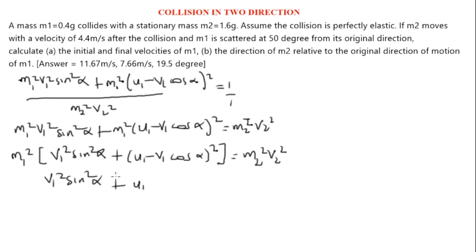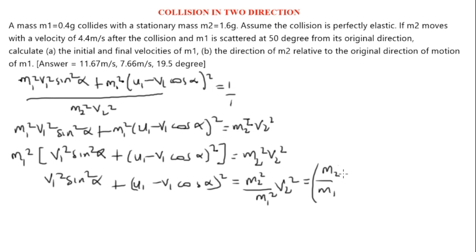So plus (u1 minus v1 cos alpha) squared, which is equal to m2 squared over m1 squared v2 squared. So I can rewrite it as (m2 over m1) all squared, then v2 squared. Furthermore, we can try to expand this expression.